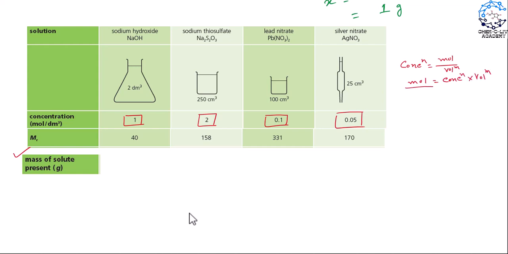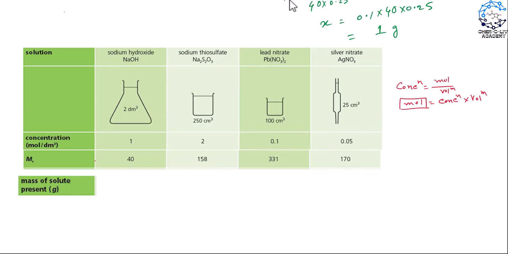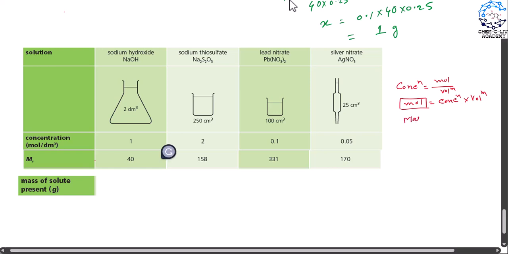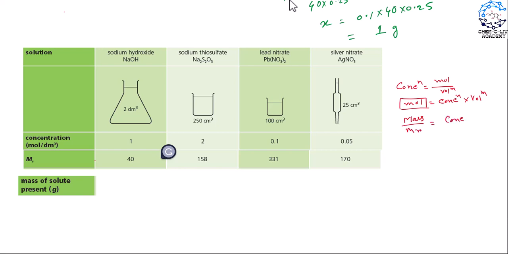Now if I get the mole, I can get the mass also. Mole equals mass divided by MR, which equals concentration into volume. Now mass will be equal to concentration times volume times MR.